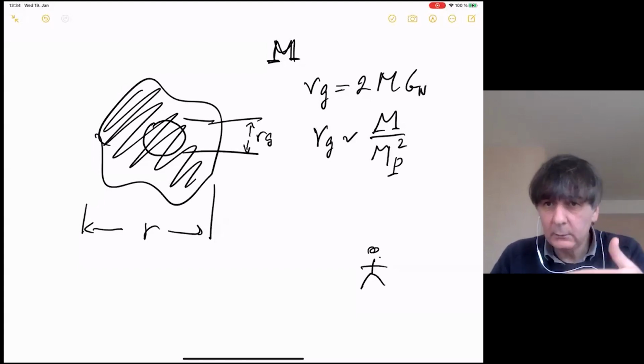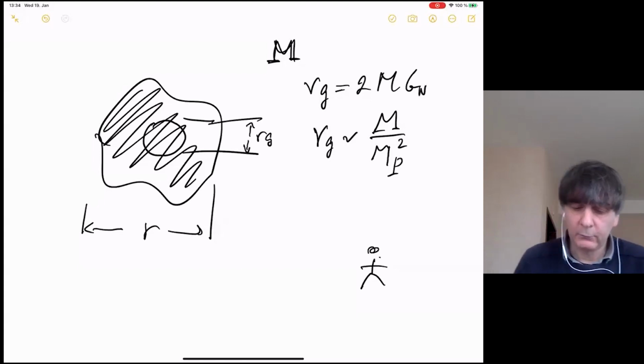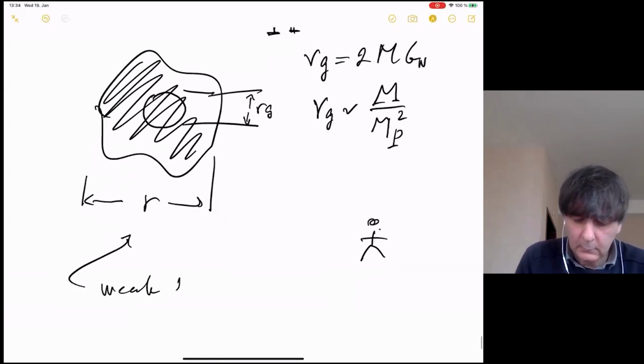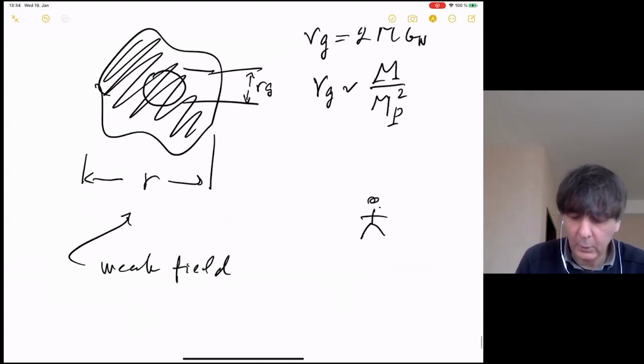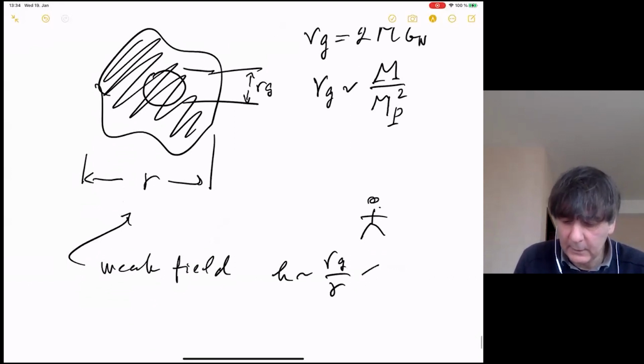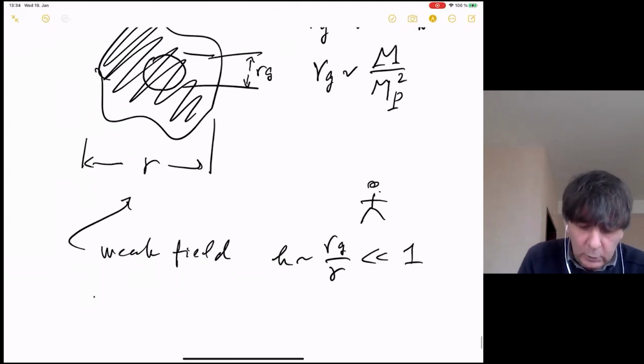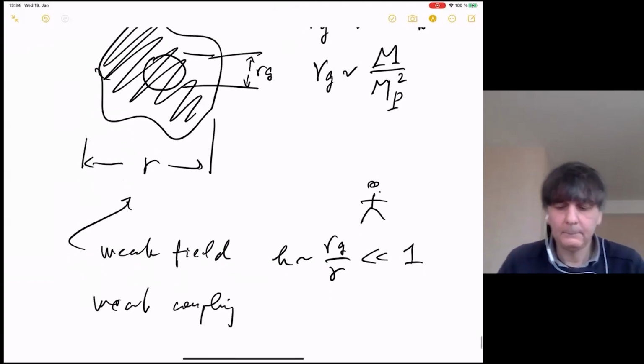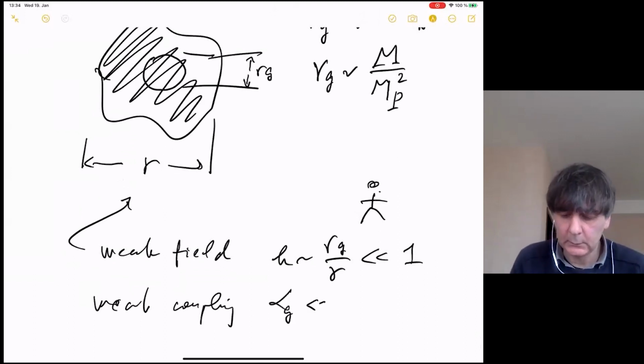It's in weak field and weak coupling. So for such objects, we are weak field because the field reaches a value much less than 1, but also weak coupling, because alpha gravity is much less than 1.